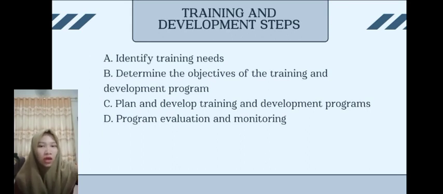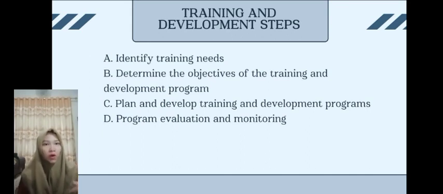And the last step is program evaluation and monitoring. Assess the program implement according to first reaction, document participants direct reaction to exercise. 2, learning. Use feedback with the pre-test and post-test to measure what participants have learning.